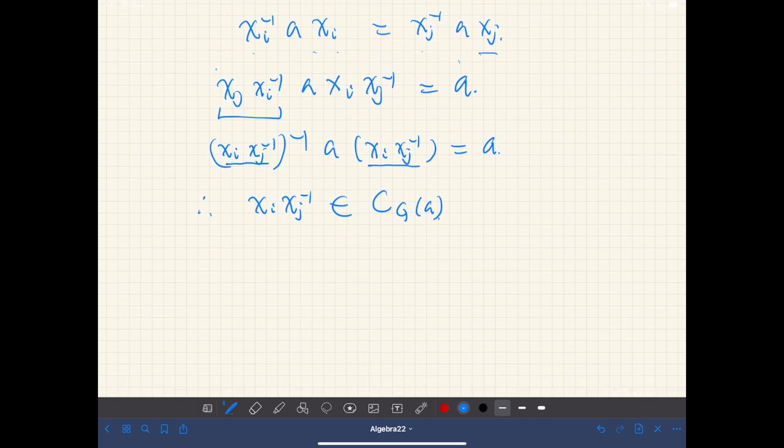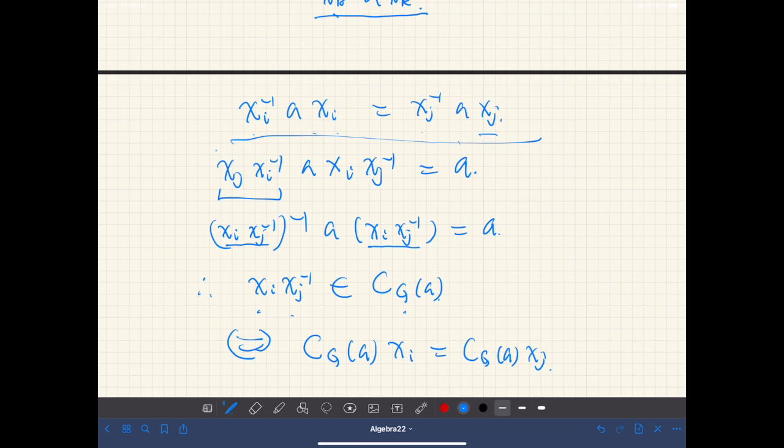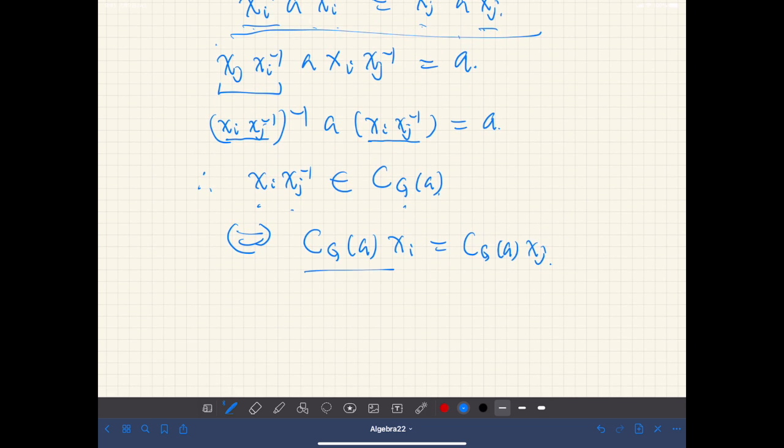And centralizer is a subgroup, remember? So from a previous lemma, this is equivalent to the coset of xi being equal to the coset of xj. So if we assume this, then xi and xj must come from the same coset.